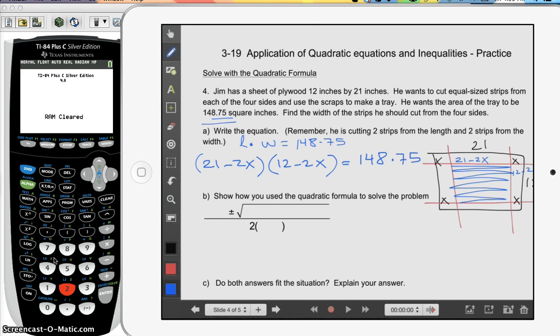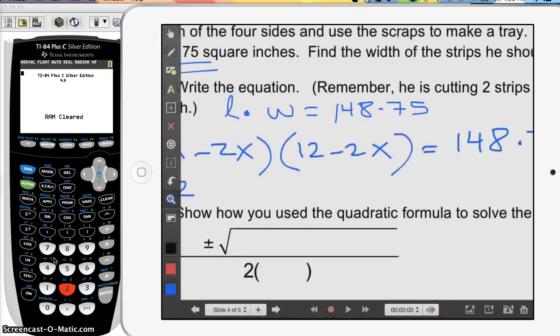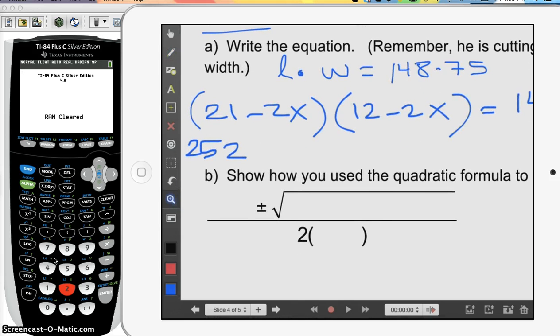But when I ask you to find the equation, I would prefer, or it's required, for you to give it to me in the standard form. So what you need to do is basically FOIL. Okay, so let's go ahead and do that. 21 times 12 would give you 252. Let me make this bigger so I have more room. Okay, 252.